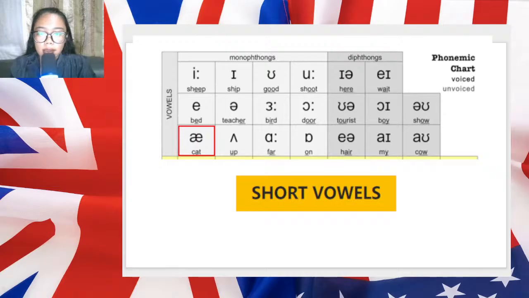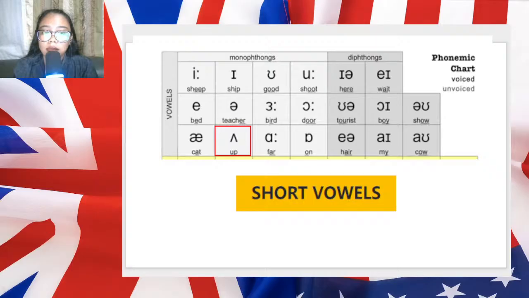Okay. This is the A sound. Sat, back, hat, and cup. Next to this is this one. Okay. This is a cat, caught, loud, fast, cup.